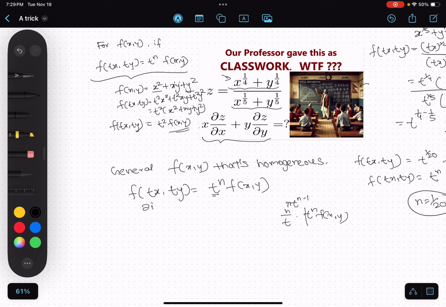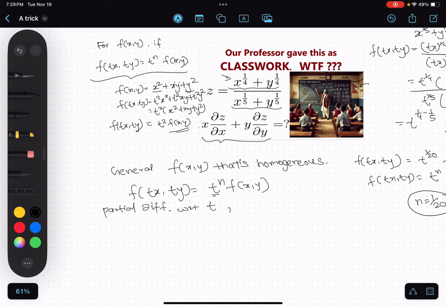So this is the same thing, and having got the same thing, we can use that and make some manipulations to get some results. That's why I'm doing this, because the same thing is repeated, and repetition is almost always beautiful. So partial differentiation with respect to t on both sides.